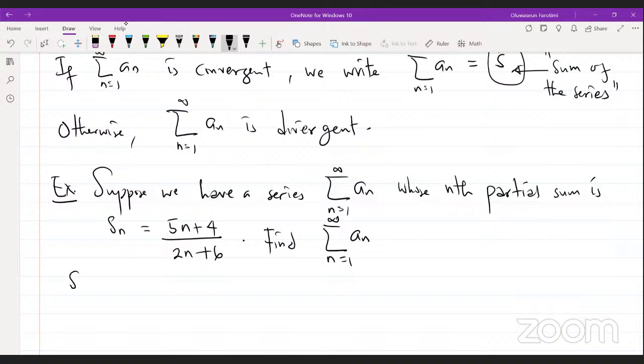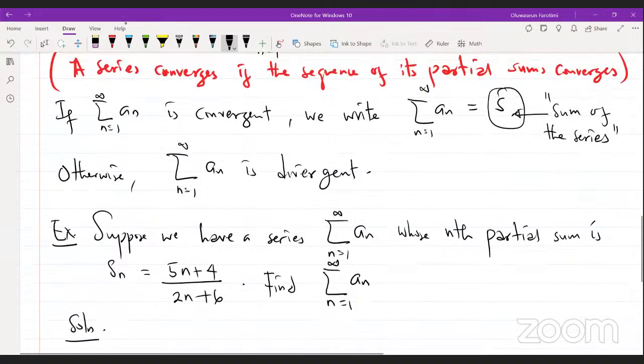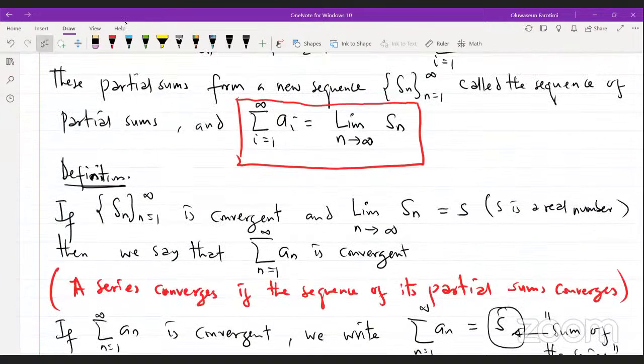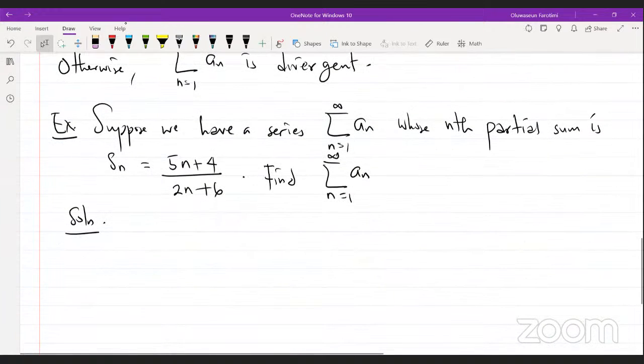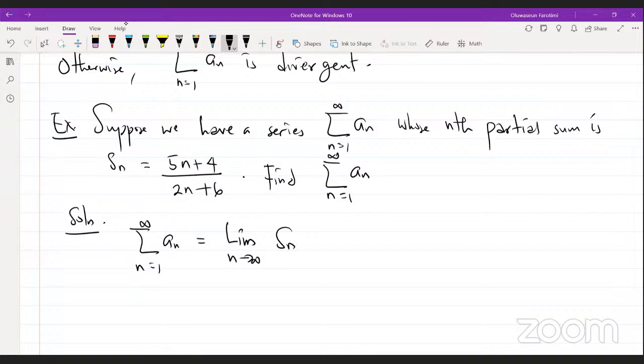Now, what do we do? Solution. Remember what we just saw right on top. Let me back up and show you. This series is just equal to the limit as n goes to infinity of the sequence of its partial sums, the one in the red box. That's the same thing we're going to do here. This is the same thing as the limit as n goes large of S_n. What is S_n? S_n is given.